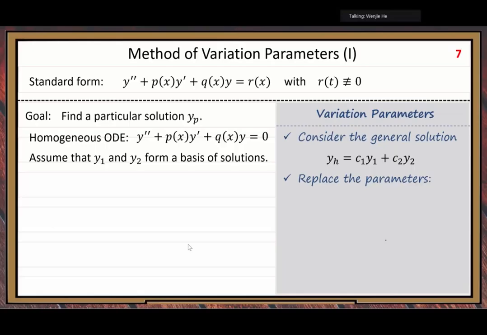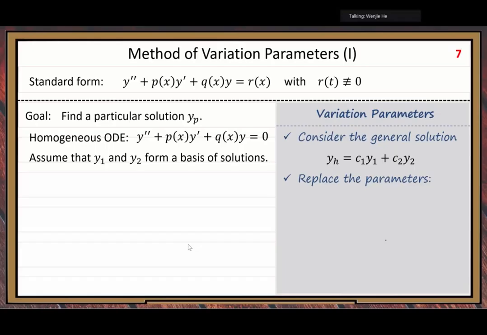Here, constant parameters are fixed, so it's not a variation of parameters. Variation of parameters means we need to change the parameter part and make it undetermined functions. How do you make it a variation? Function form represents variation. Constant form is not a variation.